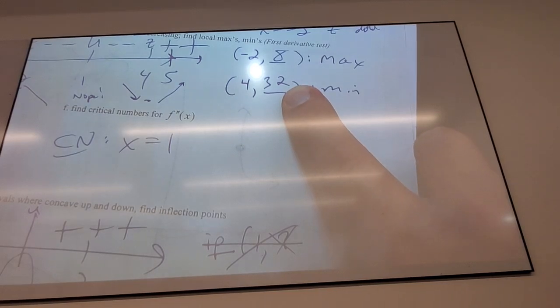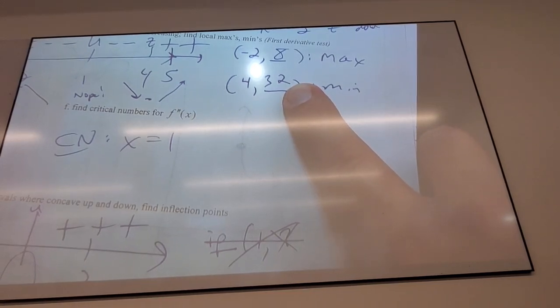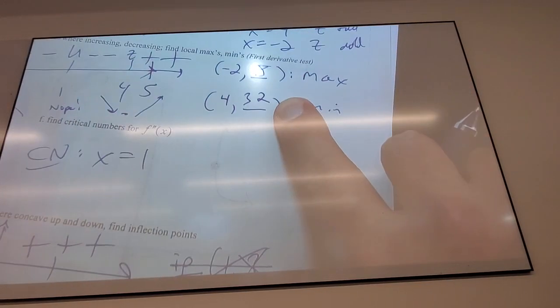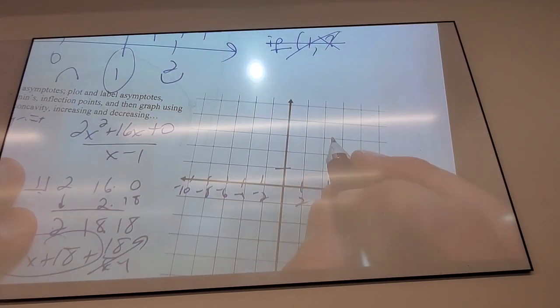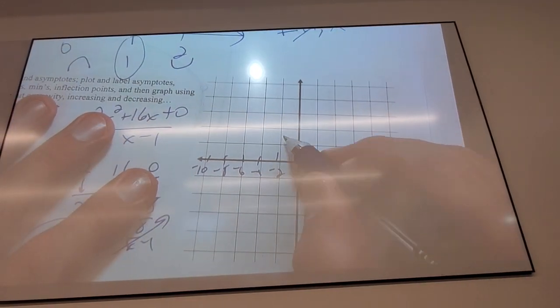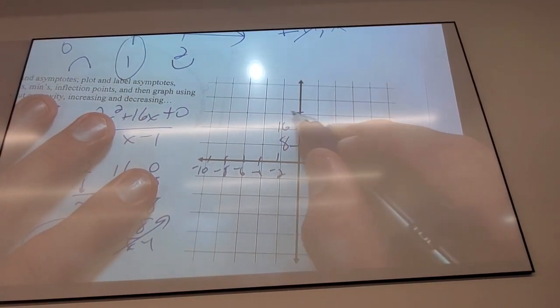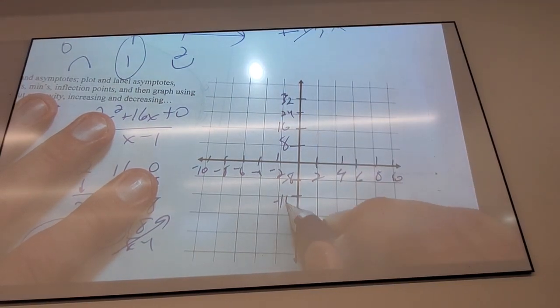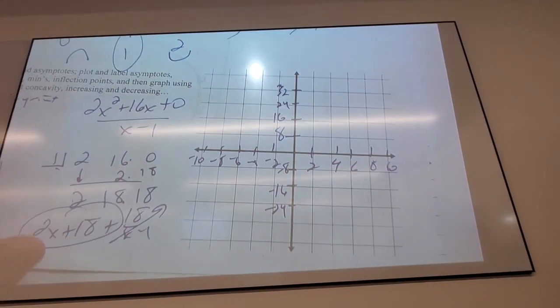I think that's my most extreme y that we know of. So what do you guys think I should go by? 8? Okay. 8, 16, 24, 32. -8, -16, -20. Okay.